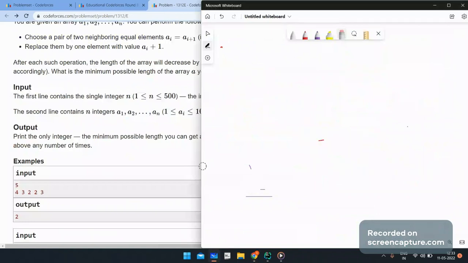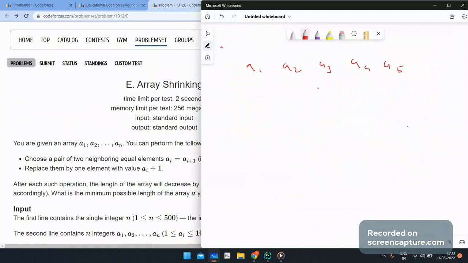We are given an array a1, a2, a3, a4, a5, and there are consecutive operations which we have to perform. We have to choose any adjacent elements which have the same values and merge them into a single element with the value of that element plus 1.